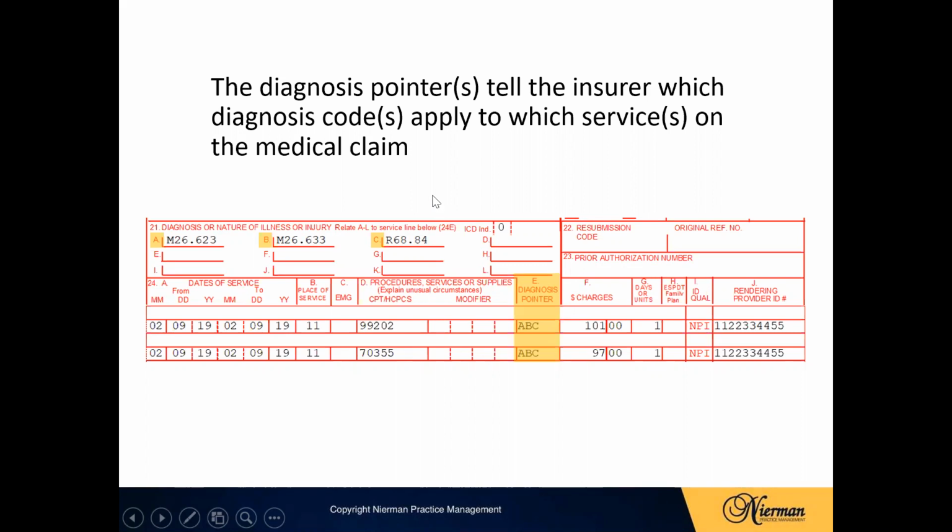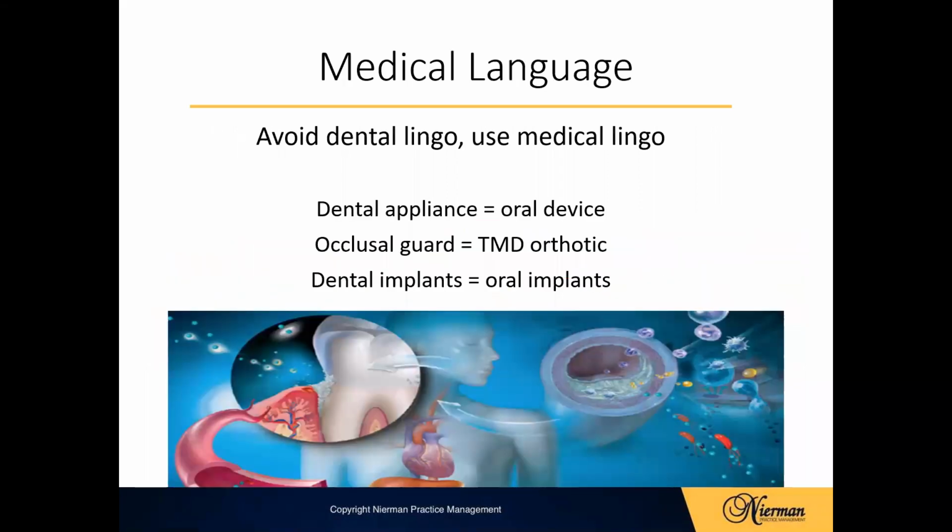And sometimes it's helpful to have more than one so that you can have the condition and the symptom. You can also see here in the highlighted area in 24E, the diagnosis pointer references back to section 21, stating this service relates back to all three diagnoses, A, B, C. So very important for everything to match up and correspond.